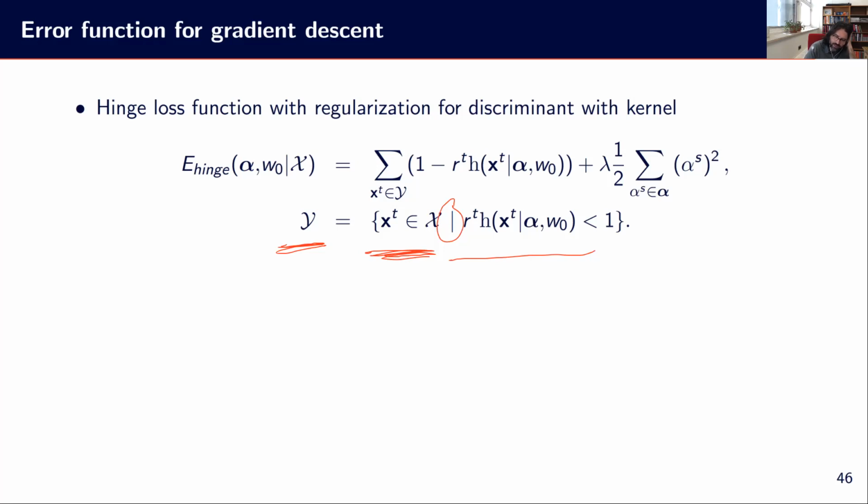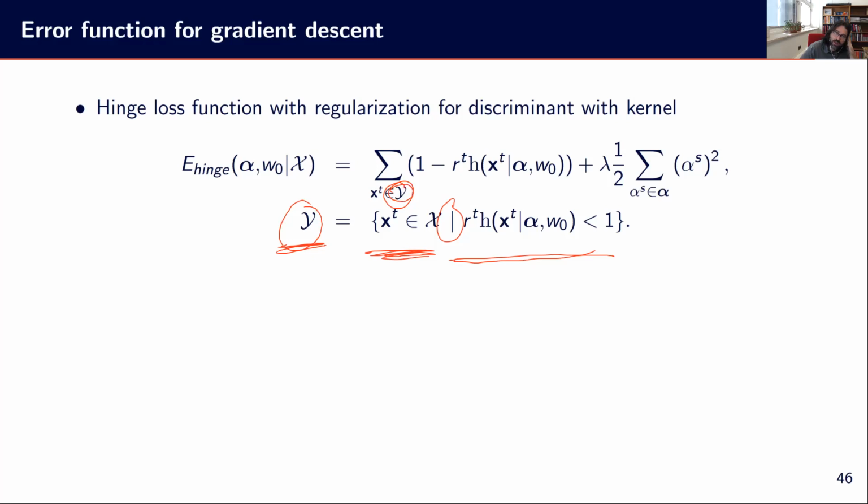This is the case of data in the margin. If RT H of xt is between 0 and 1, it is correctly classified but in the margin. If it is negative, it is misclassified. So we are getting all these data, those who are misclassified and those who are in the margin. We are building up that set Y, and that set Y is used in our sum.